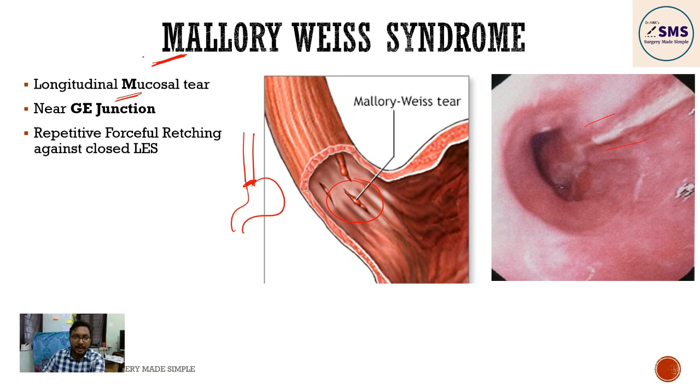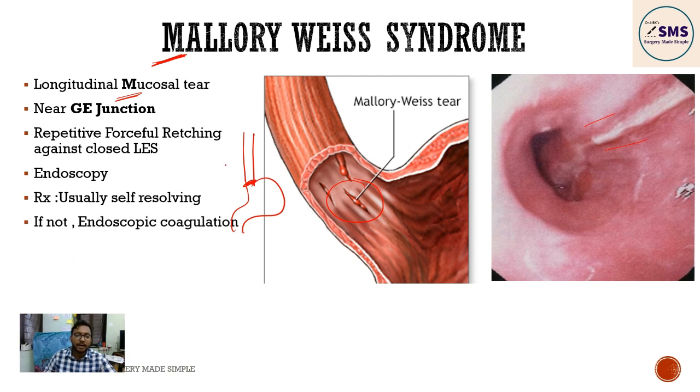That leads to Mallory-Weiss syndrome. How will you diagnose it? Obviously, you have to go for endoscopy. Usually, in 90 to 95% of cases, it is self-resolving. But if it is not resolving on its own, we will go for endoscopic coagulation. This is about Mallory-Weiss syndrome.